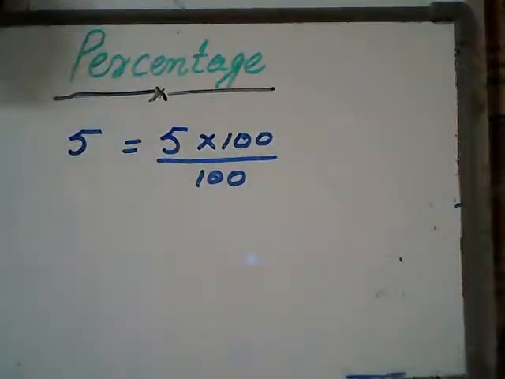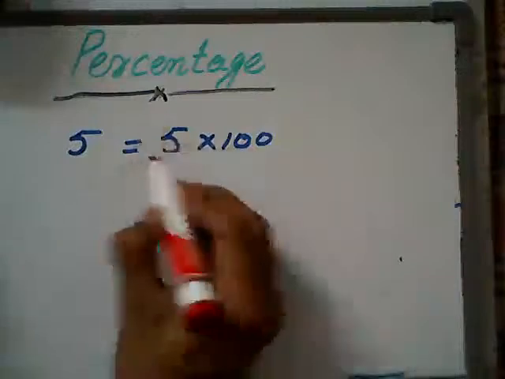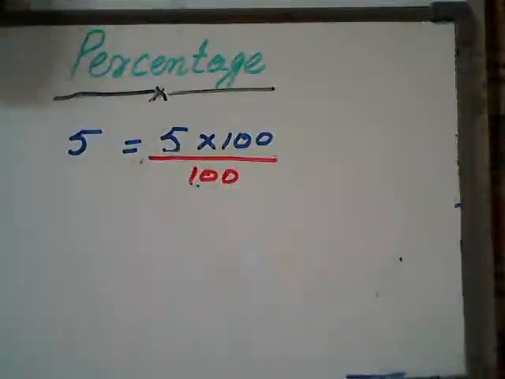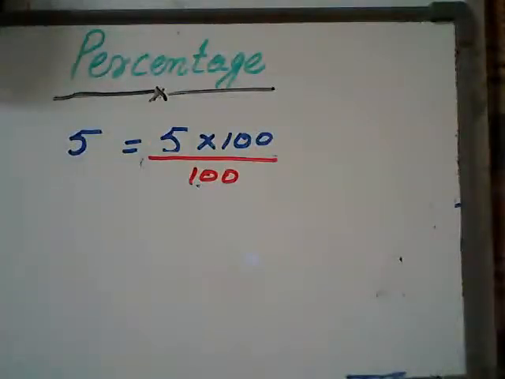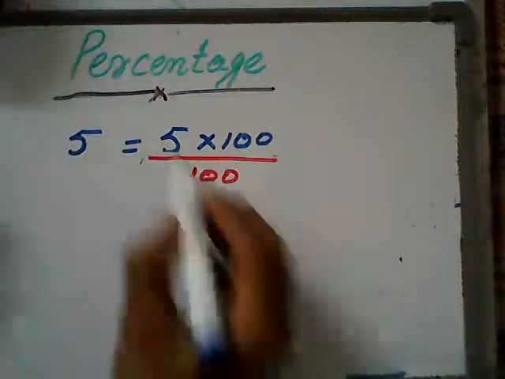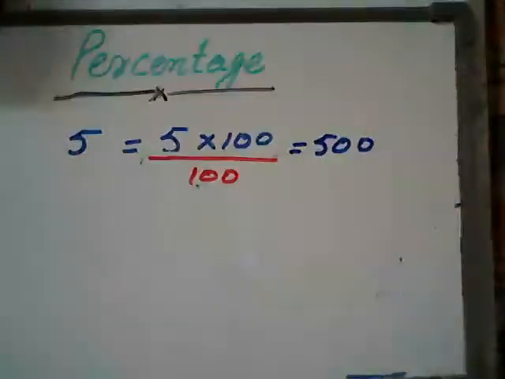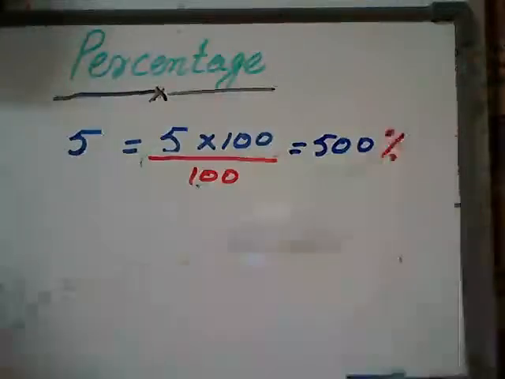Because divided by 100 is actually percentage. So in place of dividing by 100, we may write a percentage sign. 5 multiplied by 100 is 500, and divided by 100 is actually percentage. So like this we can do it.